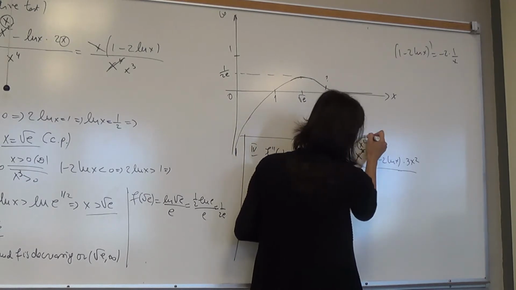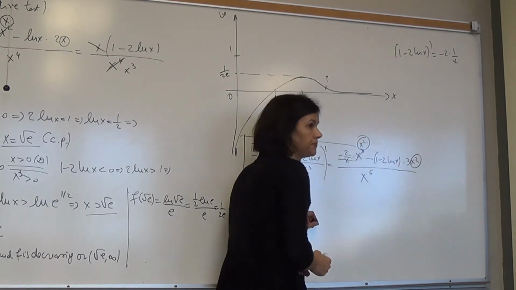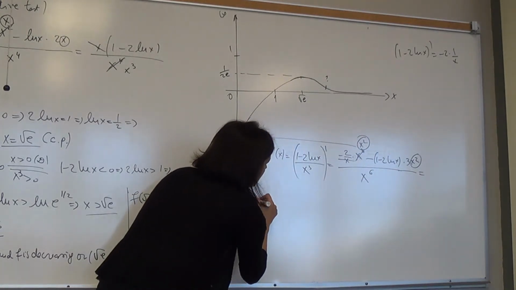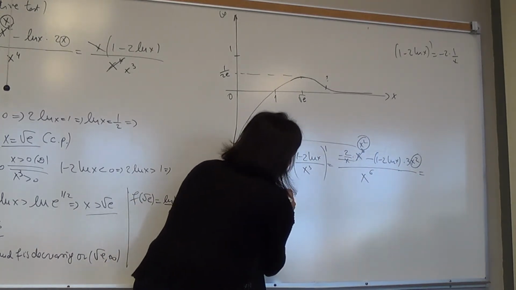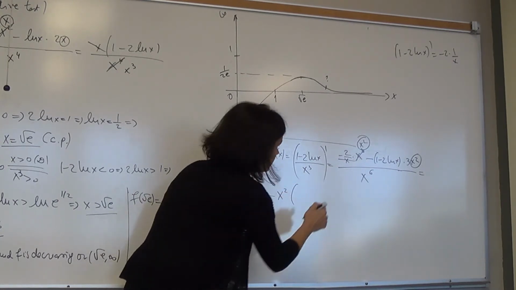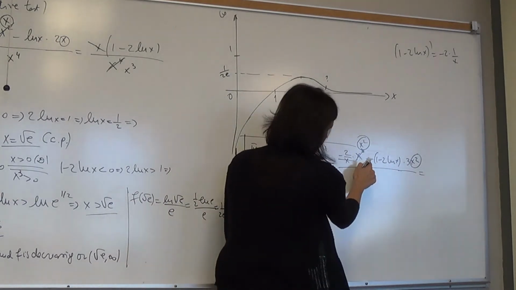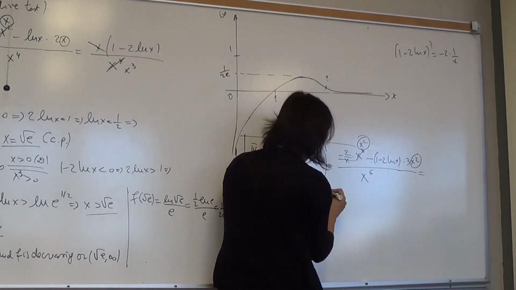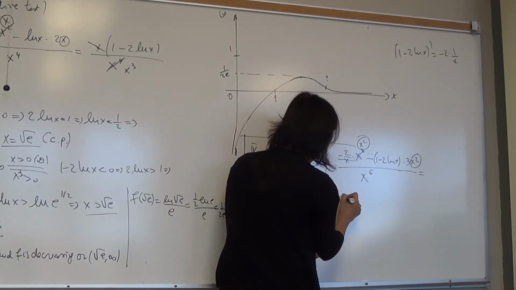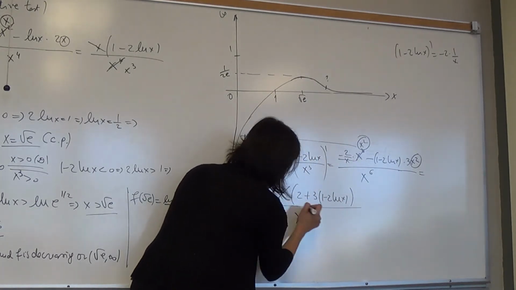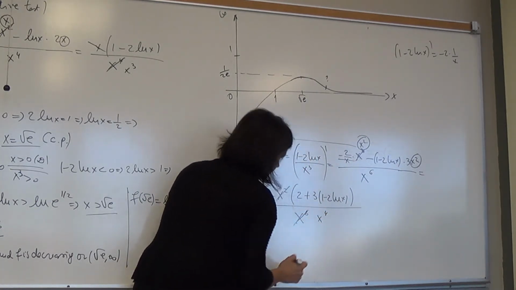Now you can factor out the negative x squared. So you will have 2, and you factor out this negative, plus 3 times the parentheses 1 minus 2 ln of x, over x to the 6. This will simplify, and we're left with an x to the 4.